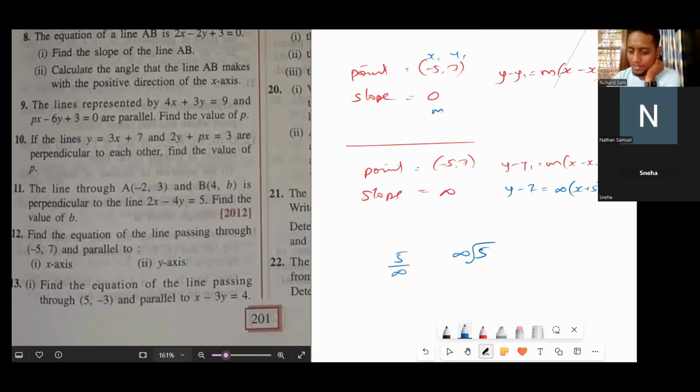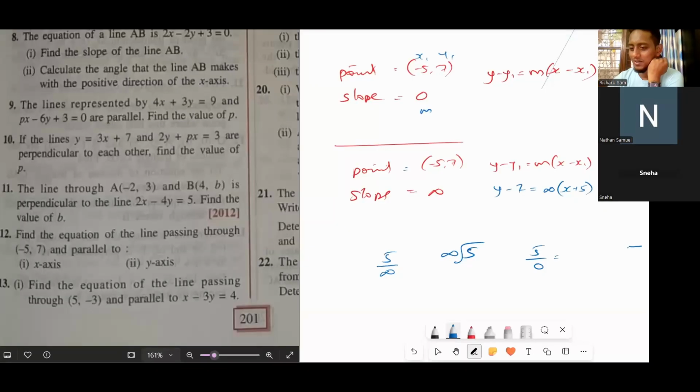What is 5 divided by 0? 0 into what is 5? 0 into 0 is 5? 0 into infinity is 5, because 0 into anything you will not get any number. Anything you put, you will get 0 only. So you have to put 0 into infinity. So remember this, that is 0 into infinity is 5, or any number.